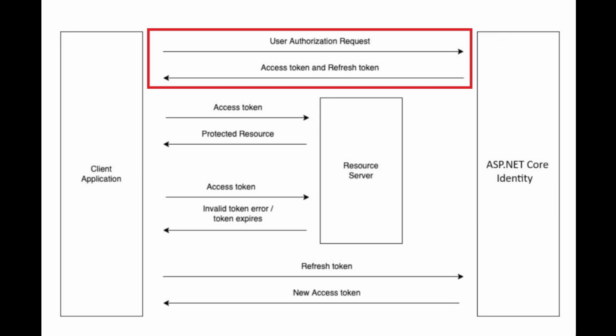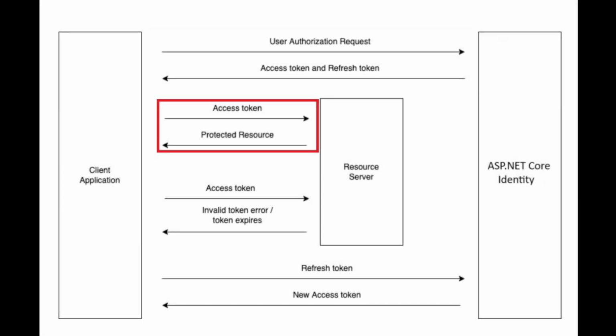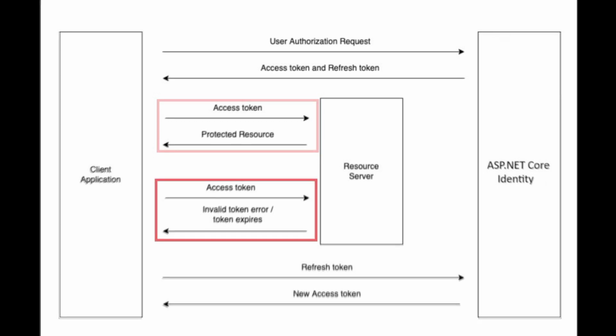The interceptor appends tokens to every user HTTP request. With a valid access token, the user gets access to the resources. When the access token expires, the user receives an HTTP unauthorized response, code 401.